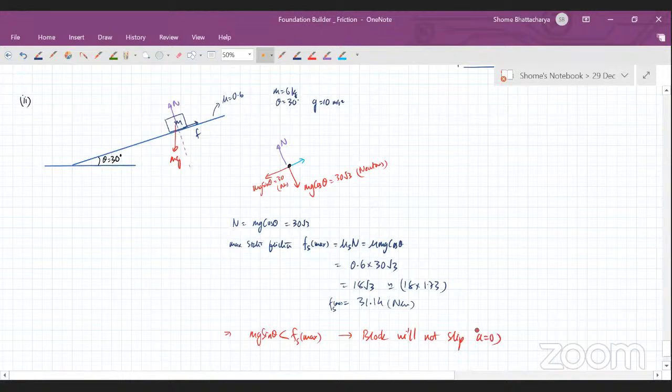Its acceleration will be 0 and static friction acts on it to balance mg sine theta. So coming back to the free body diagram, this will be static friction and the acceleration of the block will be 0.